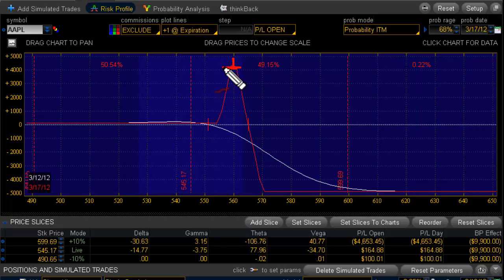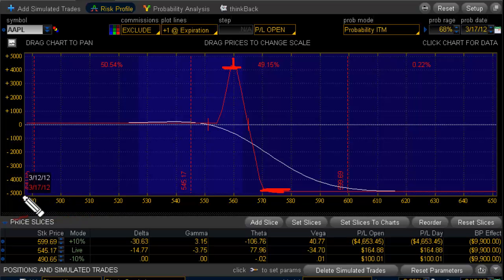This is our max profit. The max loss at expiration is anything past 570, where we're losing about $4,700, so nearly $5,000. Our profit area is in this cushion where we profit. Actually, the profit area is from anything to the left here.